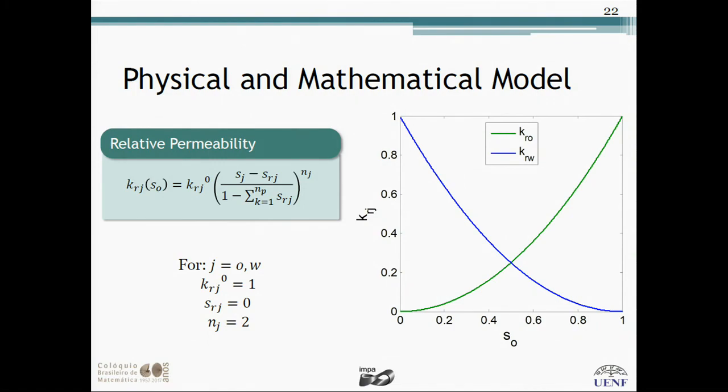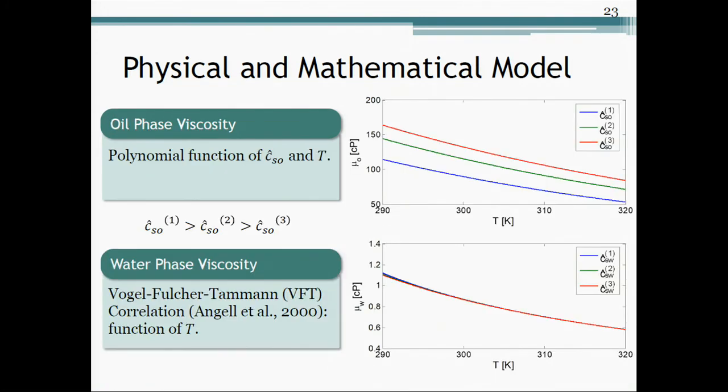And we just chose zero residual saturation just for simplicity, but there could be any residual saturation. And these are the models that we chose for viscosity, oil viscosity as a function of the CO2. You see that it doesn't change much for this case.